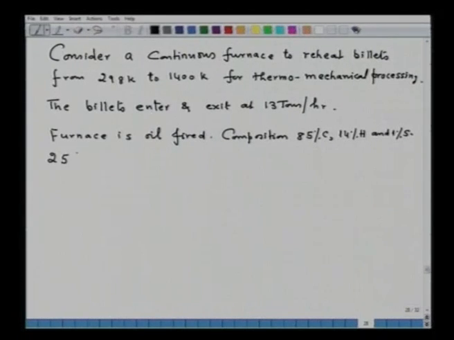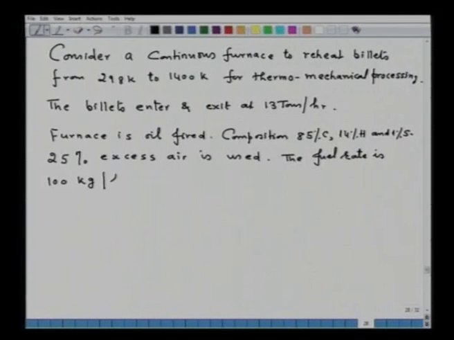25% excess air is used. The fuel rate is 100 kg per hour and its net calorific value is 40,000 kilojoule per kg.